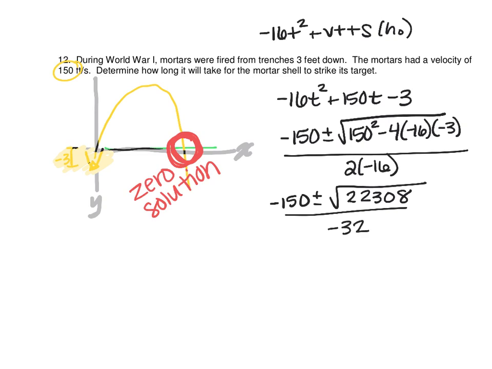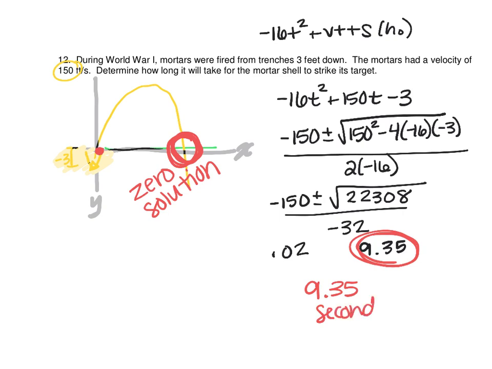And when I add, I get 0.02. And when I subtract, I get 9.35. The one that makes the most sense is going to be this 9.35 because 0.02 is going to be that first zero because it's further to the left. So it will take 9.35 seconds for that mortar to hit its target.